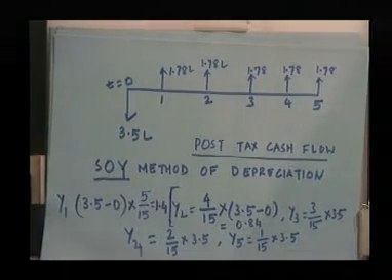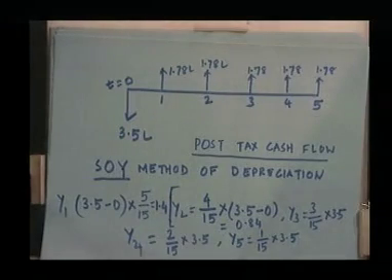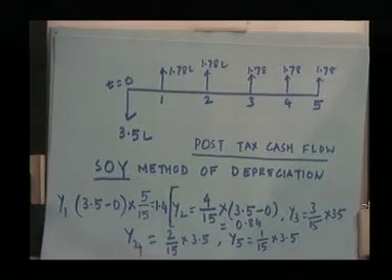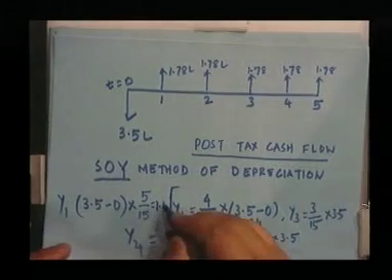What are the values for year 3, year 4 and year 5? You can note it down. It is 0.5, then 0.38, sorry, this is 1.17.